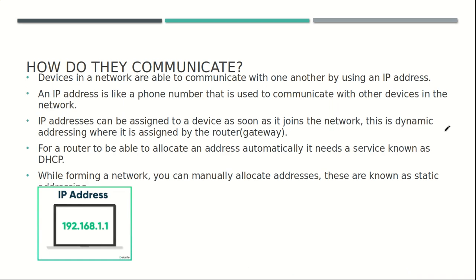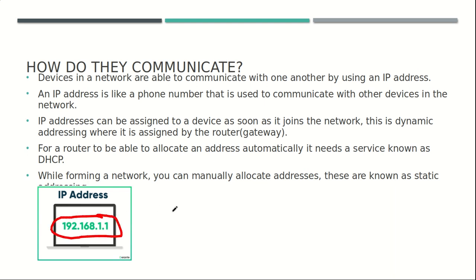Okay. So we understand the safety and how to implement it, but how do the computers communicate with one another? Well, just like normal people would call one another with a phone number, computers in a network communicate with one another using IP addresses, kind of like the phone number of a device in a network. An IP address looks something like this.